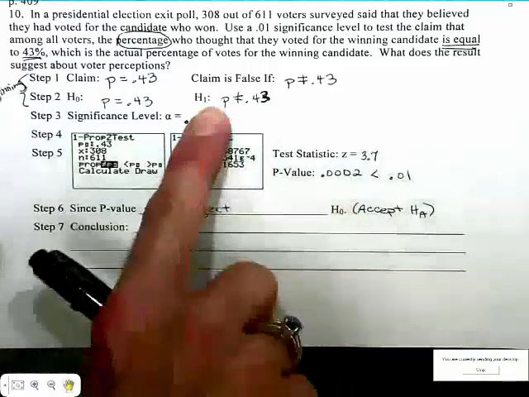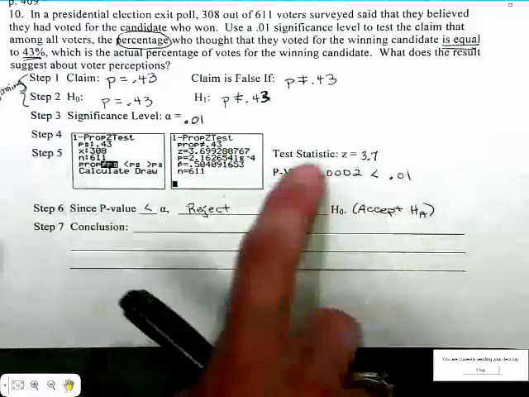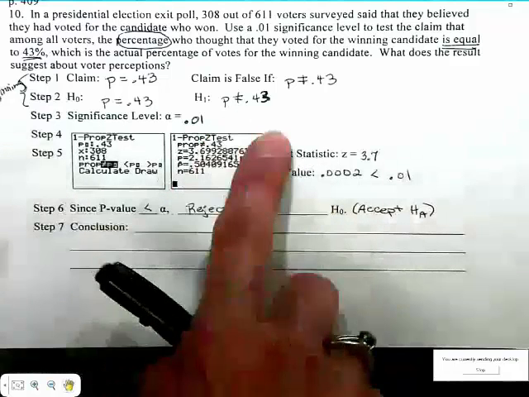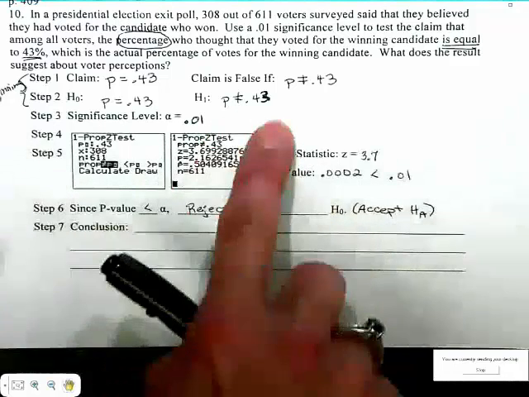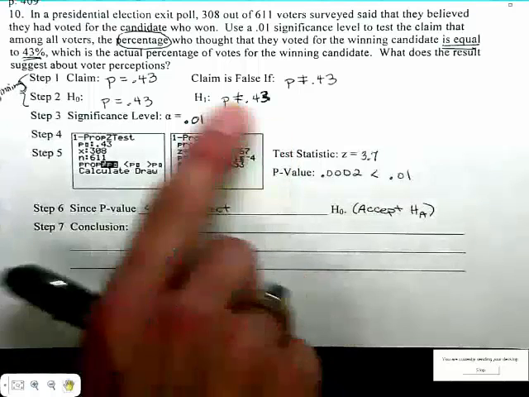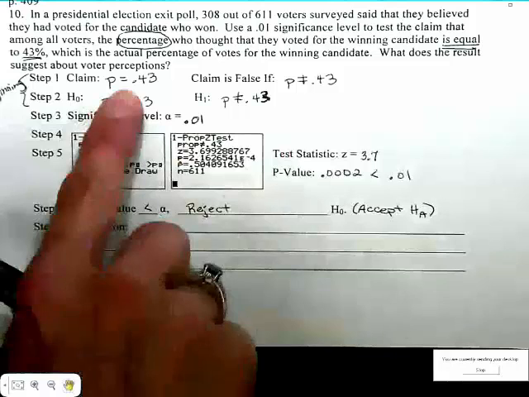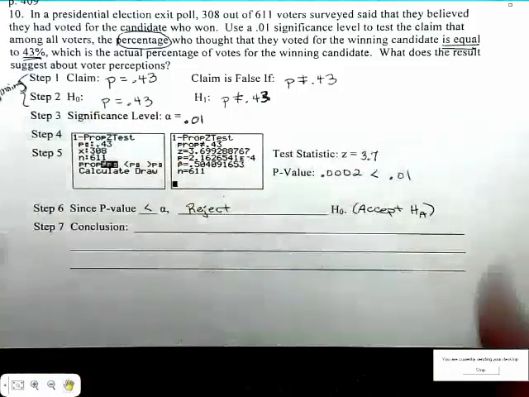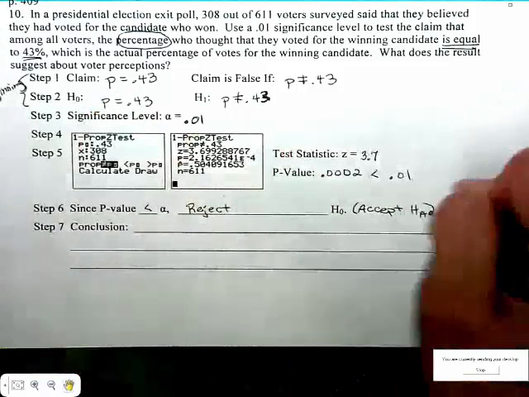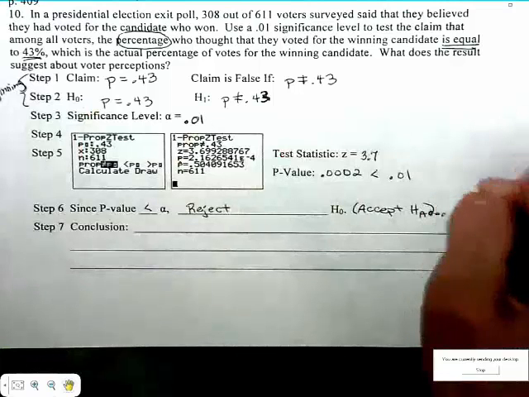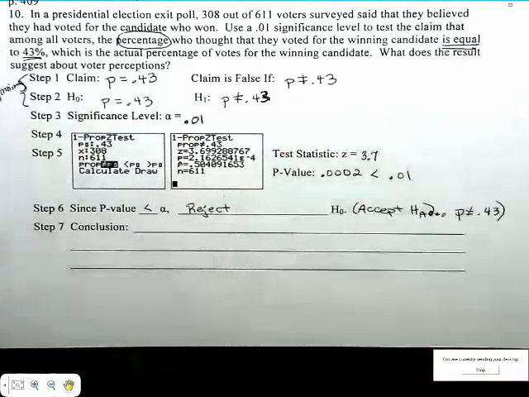I'm accepting that the proportion does not equal 0.43. What does that say about the claim? That means the claim is false. Accept the alternative hypothesis, and I could put that P is not equal to 0.43. That's just kind of what's going on in my head.